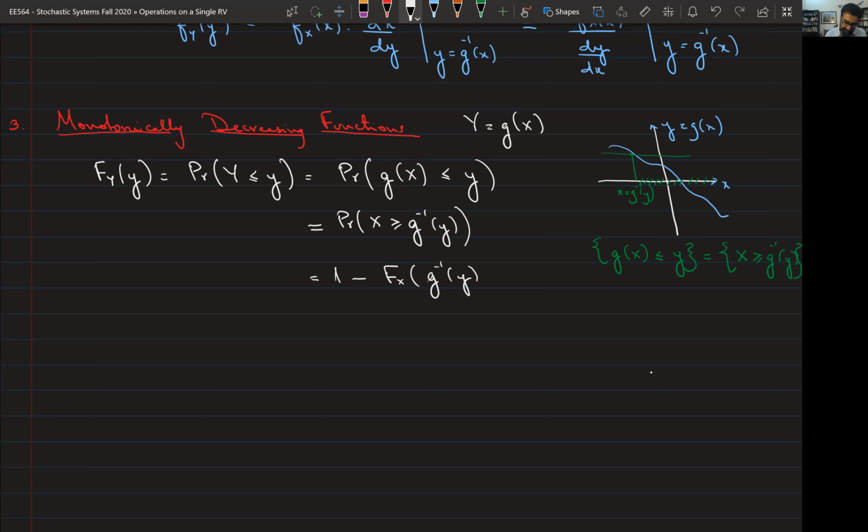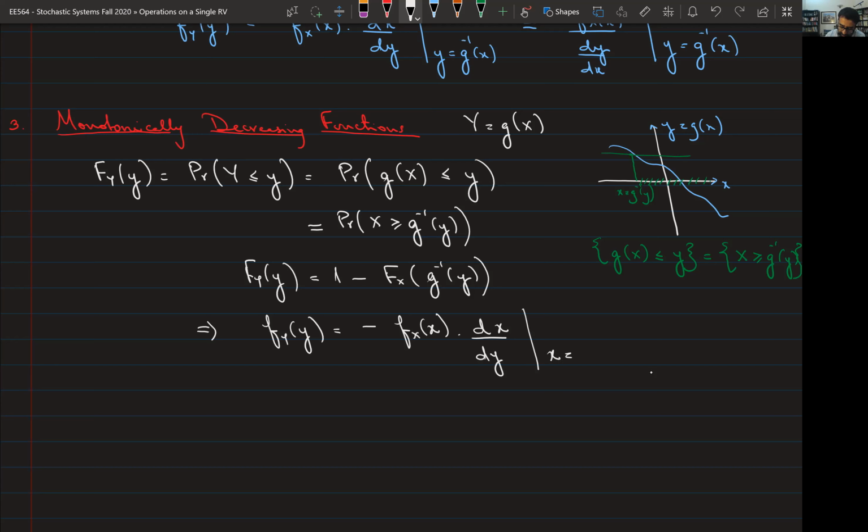So this is what the CDF of y is. In order to get to the PDF, what do I do? I differentiate both sides with respect to y, and that gives me this conclusion. This is f_Y of y, which is equal to minus f_X of x times, and I'm slightly skipping a step here.